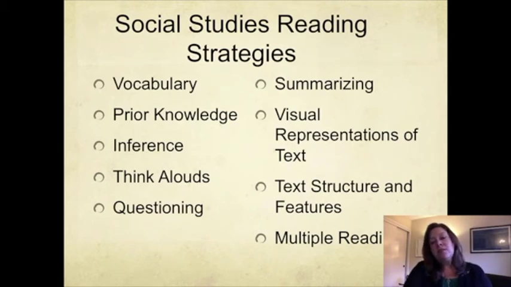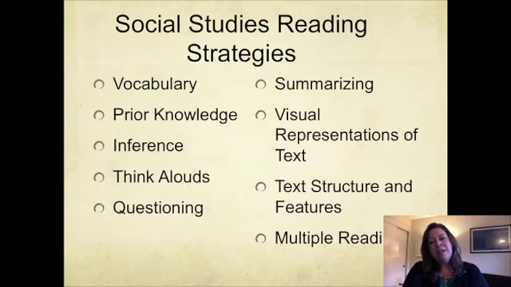Now these are the social studies strategies that we can typically use to teach students to read social studies texts. I'm going to go over all of them, but we will give some examples for a few of them specifically. There's vocabulary, so teaching students the vocabulary that they're going to encounter in text. This oftentimes is academic vocabulary and vocabulary that they may not have seen anywhere else.